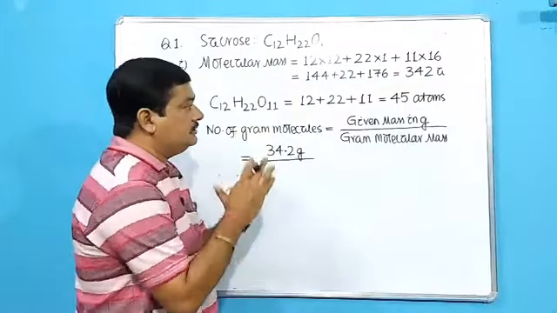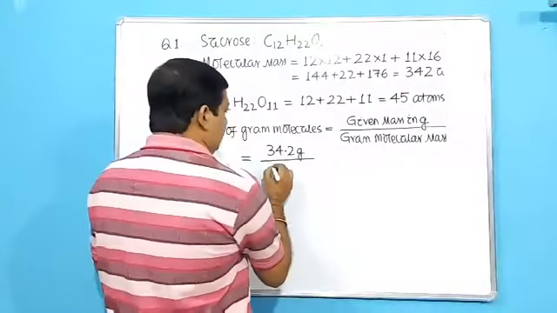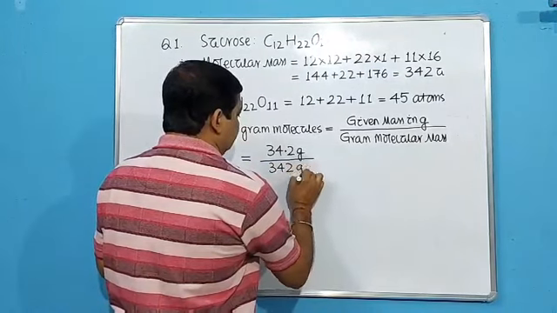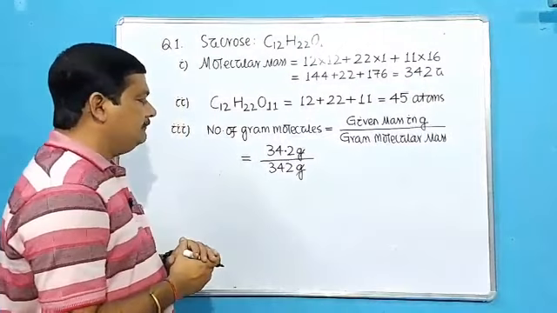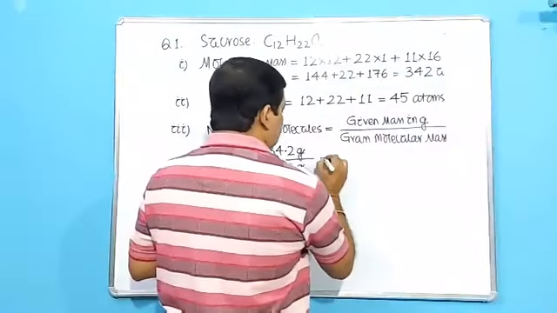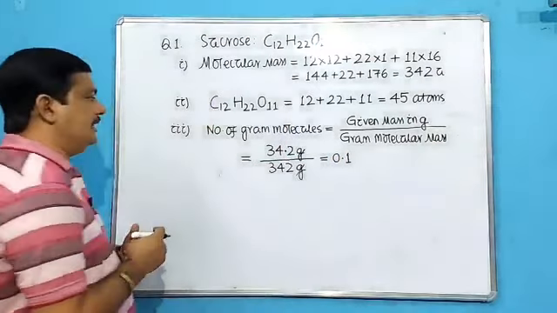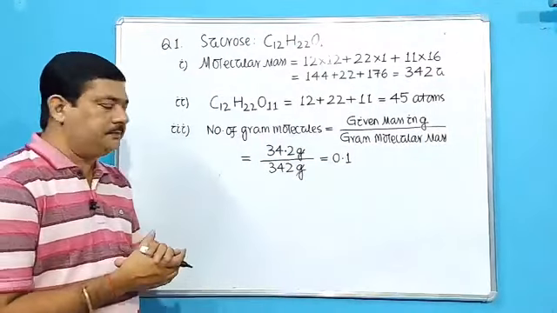So simply remove the 342 U and put gram. That means the gram molecular mass is 342 gram. Here gram will cancel out. 34.2 by 342 will be 0.1. So there are 0.1 gram molecules of sucrose present in 34.2 grams of it.